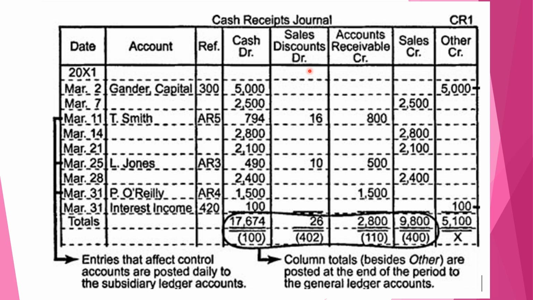The sundry column is used for various miscellaneous and less regular items such as capital investment, receipt of loan proceeds, among others. The column totals are posted at the end of the period to the general ledger account. We will discuss the general ledger and the subsidiary ledger later on.